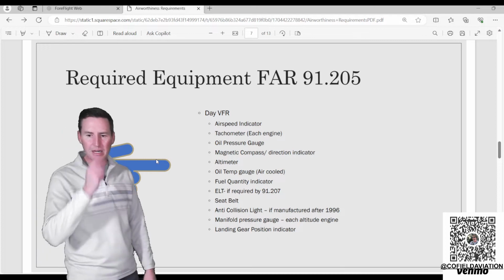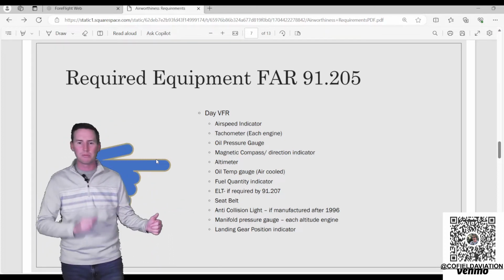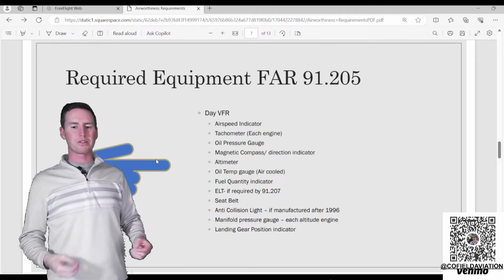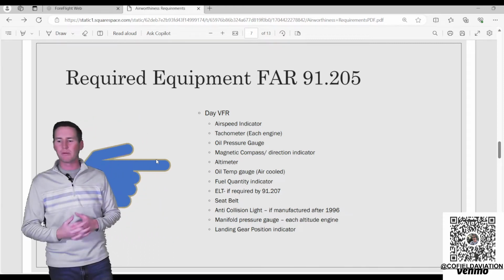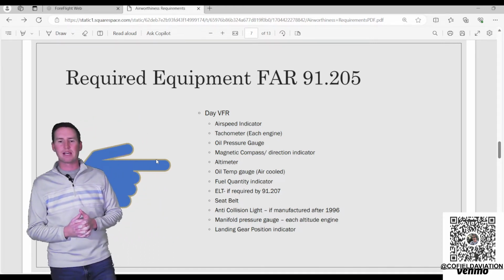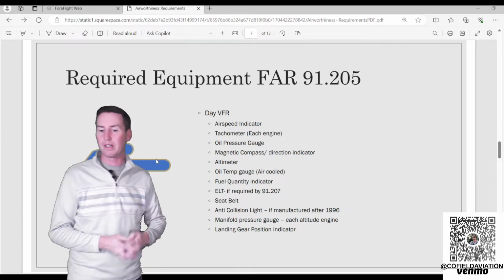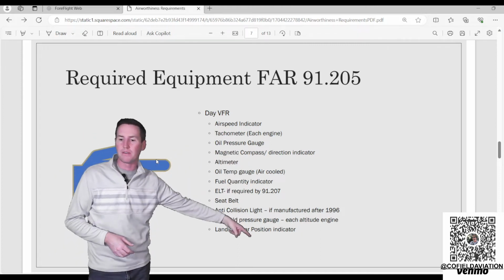All right, let's talk a little bit about required equipment. We're going to switch gears here a little bit. We're going to talk about what we do if we get to the airplane and certain equipment is not operating. So what kind of required equipment do we have to have to legally fly? 91.205 lists all the day VFR equipment.